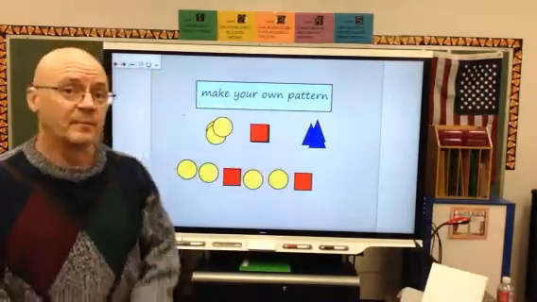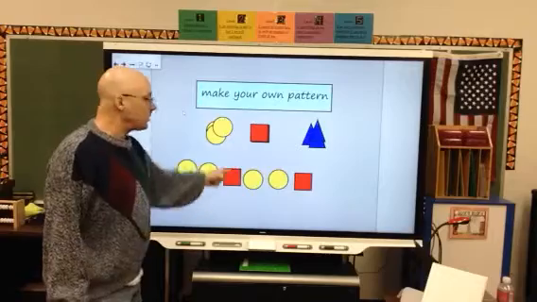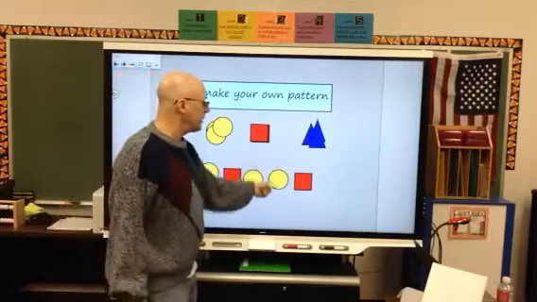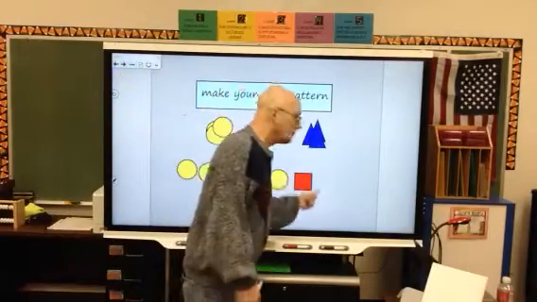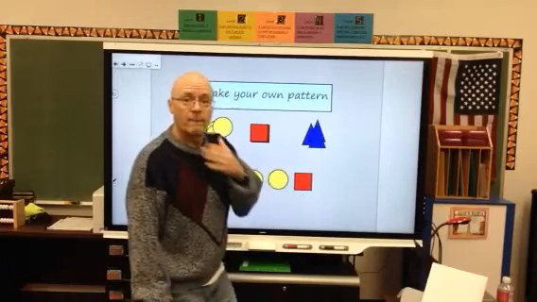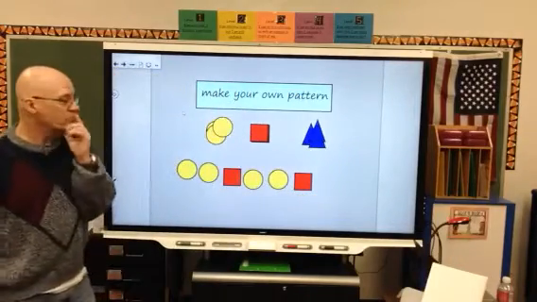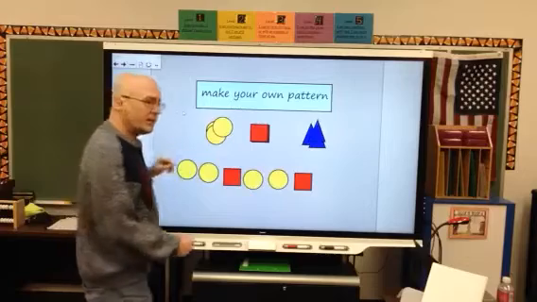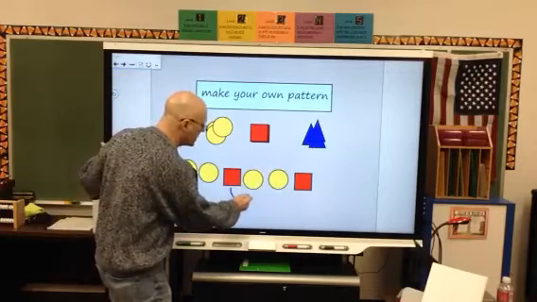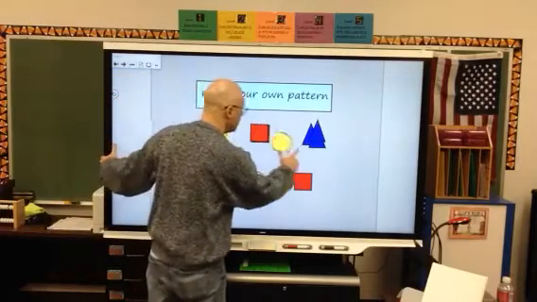Let's say this one. Yellow circle, red square. Yellow circle, red square. Well, right after this red square was a yellow circle, right?